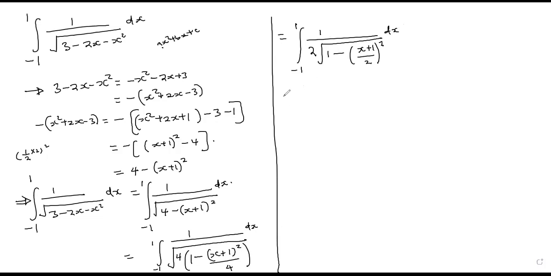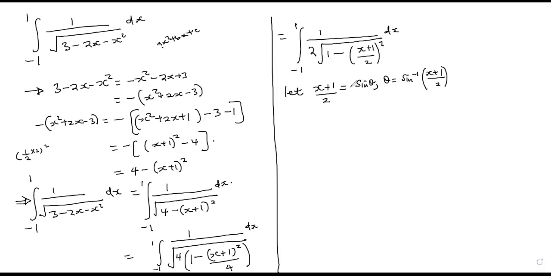So at this point I can let (x plus 1) over 2 be equal to sine theta, implying that theta is equal to sine inverse of (x plus 1) over 2. So if that is the case, when you differentiate either side, you can cross multiply here.